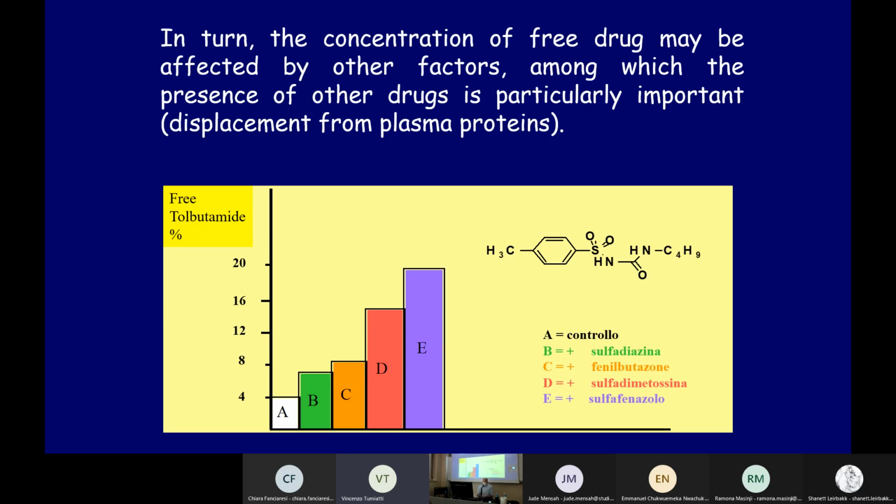This means that you have a peak of the free drug inside the blood, and this means that you can have additional side effects which normally are not present.